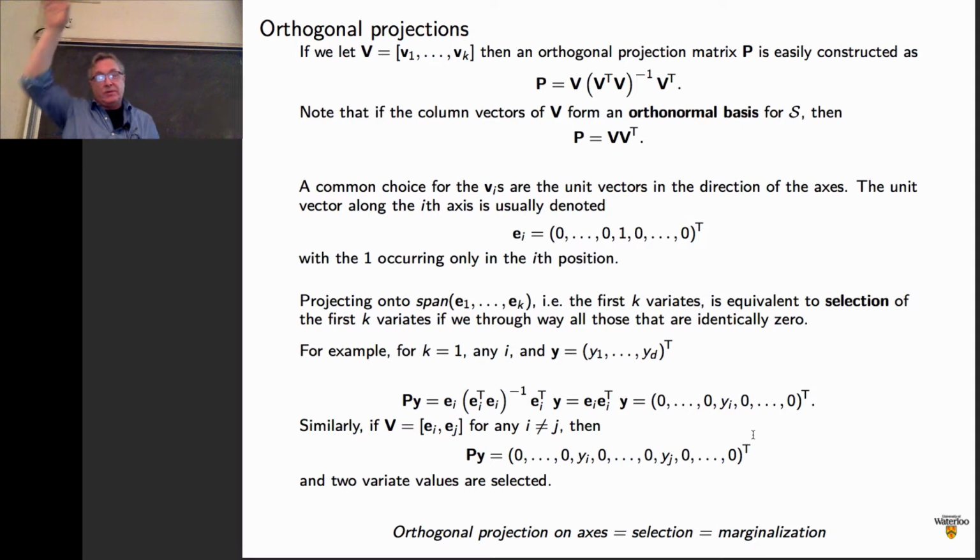When we ignore all the rest, in statistical and probabilistic terms, think about marginalizing. So we're looking at the marginal distribution of that one variate, or a sample from the marginal distribution of that one variate. Okay? So that should connect your linear algebra to the statistical part, to the data, to the visualization. You're just projecting things. Okay? Everybody okay with that? Yes?